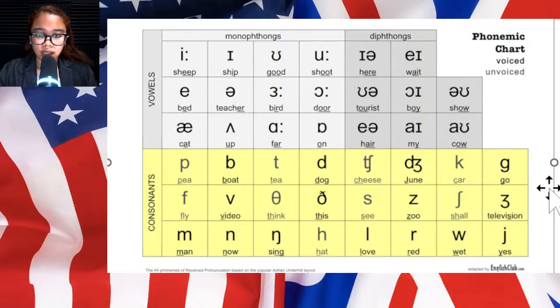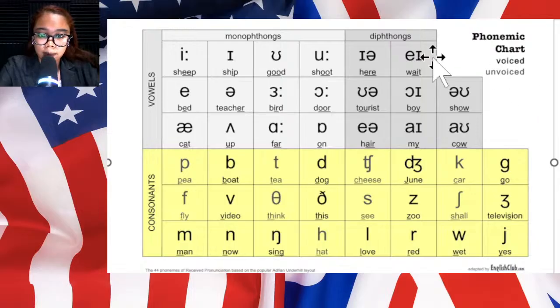Okay. So again, be reminded that the gray letters are all unvoiced, meaning there are no vibrations when you speak or pronounce the sound, while the black ones are voiced, meaning there are vibrations.